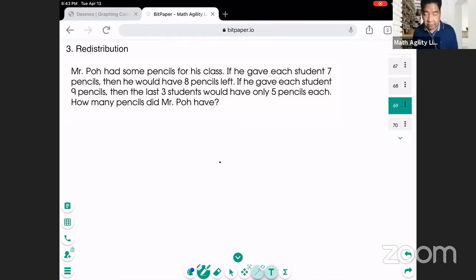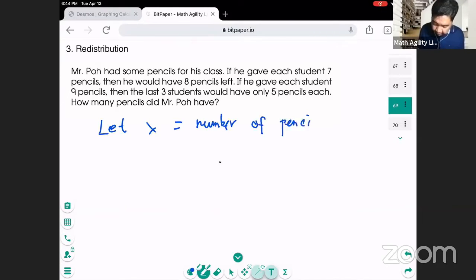If we have time, okay, we still have time. So again, I'm going to use variables, the representation method of algebra. I will let x equal the number of pencils, and y equal the number of students, right?